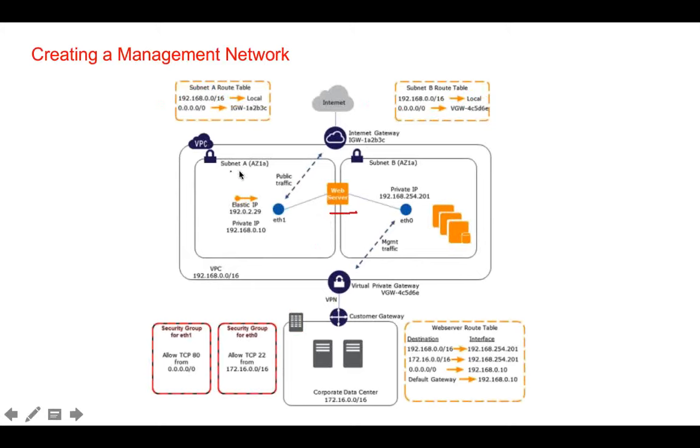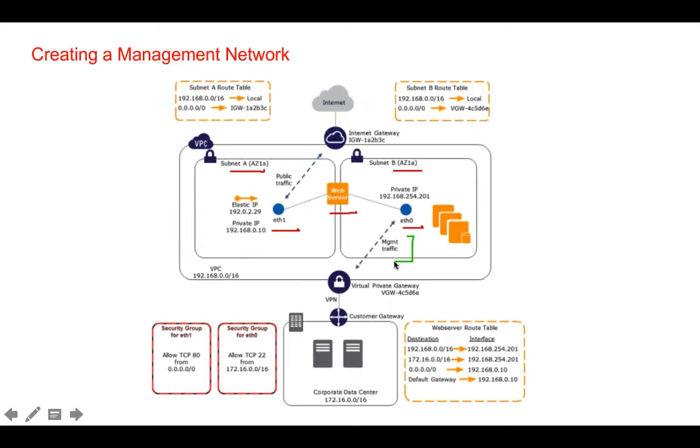You have two different subnets in the same AZ, AZ1A. In AZ1A, you have this ETH1, the secondary network interface, that is residing. On the right side, you have ETH0 in this other subnet, but it is in the same AZ. This ETH0 is handling something called management traffic.